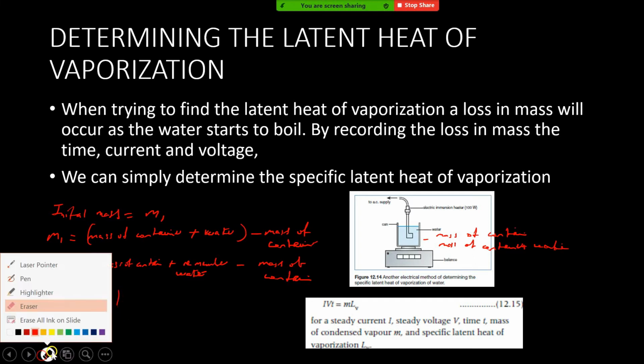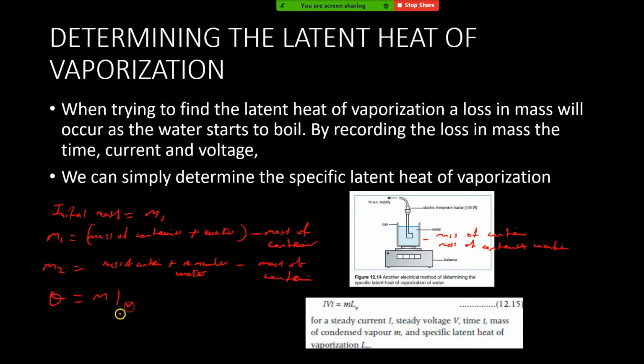Having said that, we are not completely there because this M is the change in M. So we have to rewrite it as such: Q is equal to M1 minus M2 times LV. Now Q is the energy. Q is equal to the energy. Let me see if I can write it somewhere else.